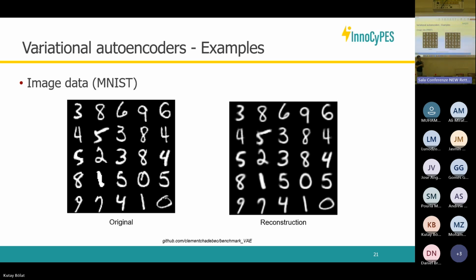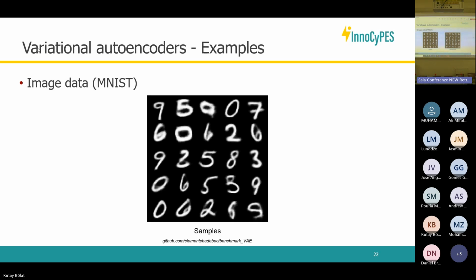So we input these into the encoder, we take a sample in the latent space, we decode it, and we get this. As you can see, they are pretty similar. Do we want them to be really very similar? It's a question to be answered, but they are similar, so it works.